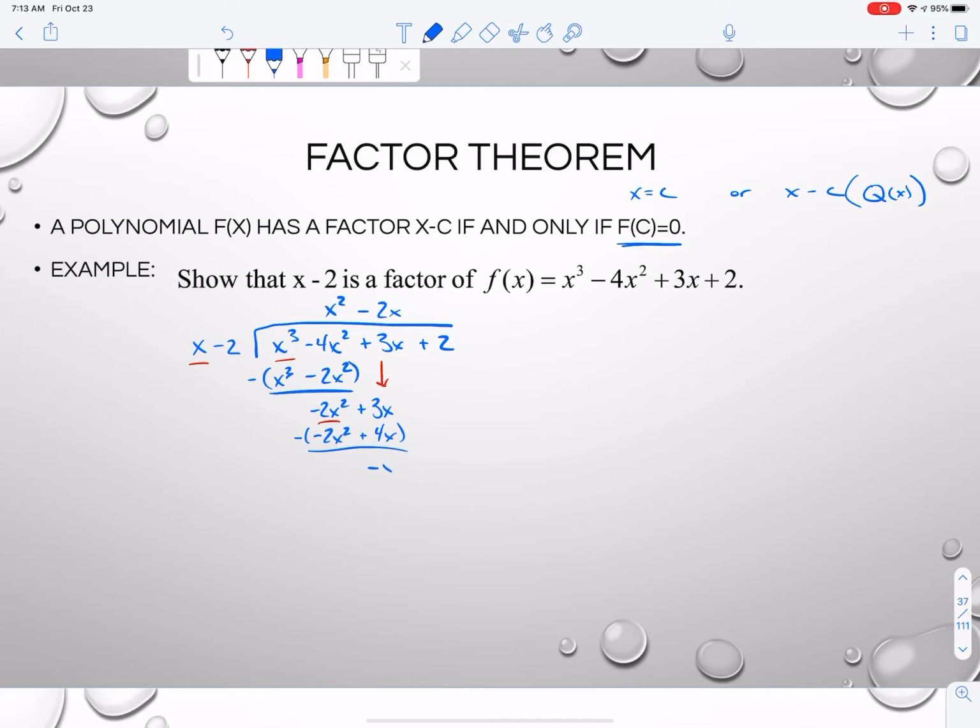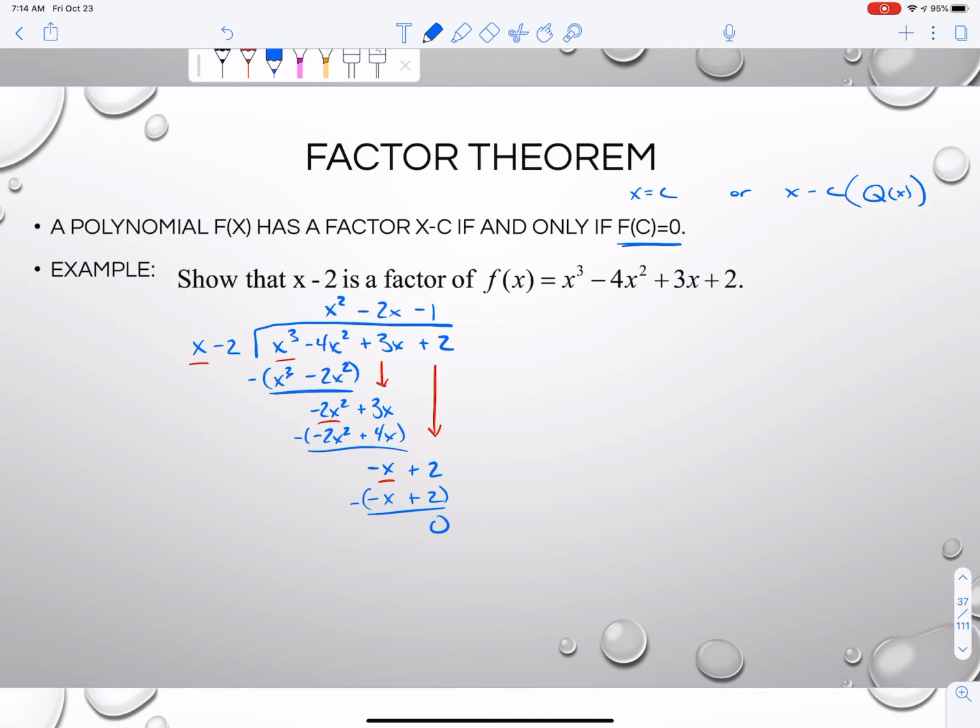Here I'm going to get a negative x. Then I'm going to bring down my next term, which is a 2. I'm dividing the lead terms. x divided by x is 1, excuse me, negative x divided by x is negative 1. Negative 1 times x is negative x. Negative 1 times negative 2 is 2. And I subtract this entire line, and I get a remainder of 0.